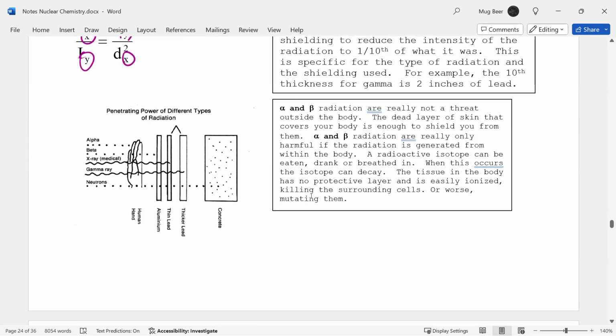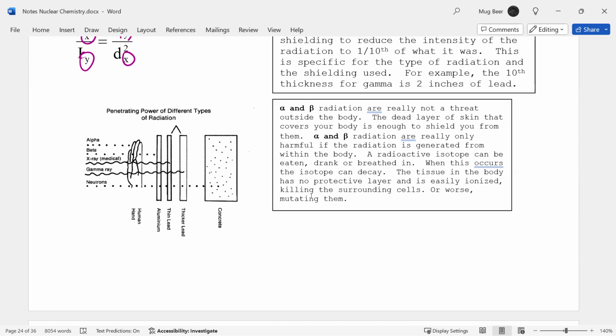The answer is alphas can't make it through the dead layer of skin on your body. If your skin had the isotopes that are producing the alpha, that would be a problem. But if this was an alpha emitter and it was sitting right here, I would not be concerned about it.